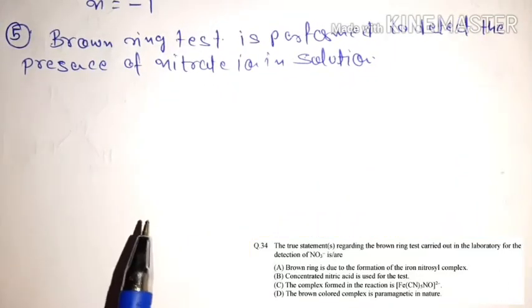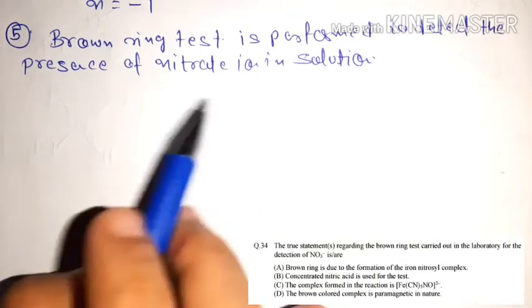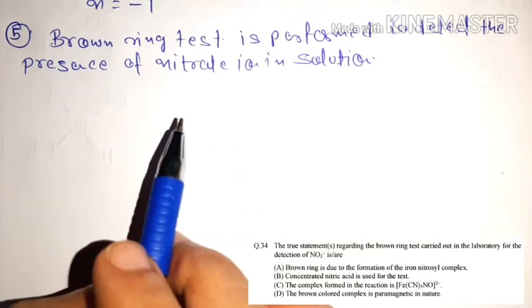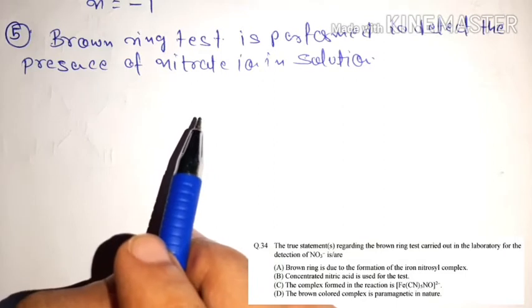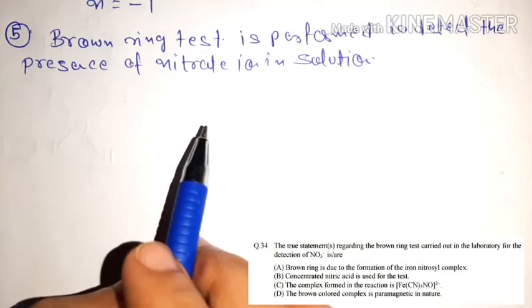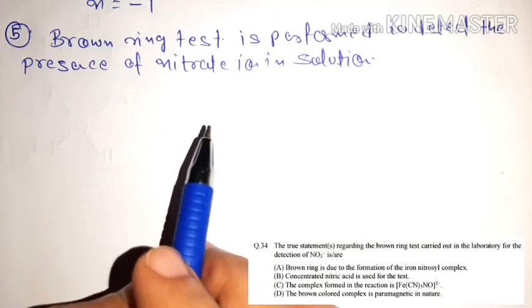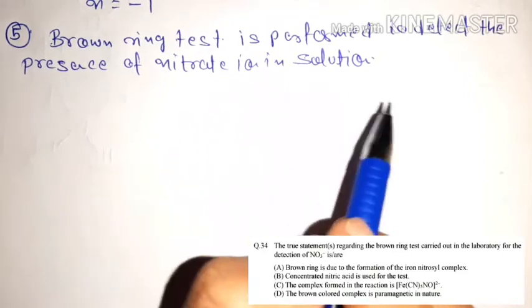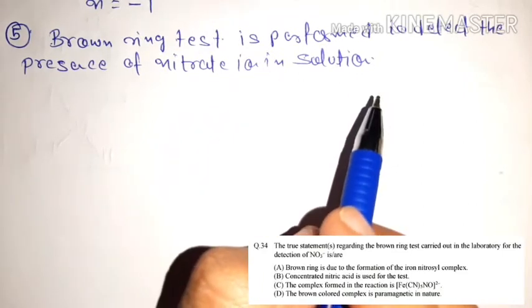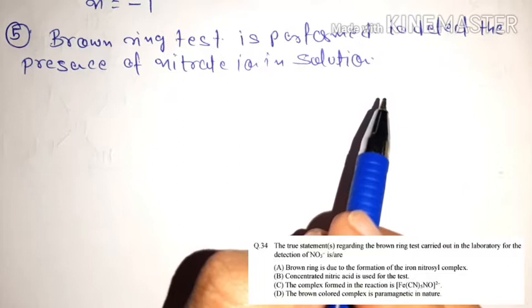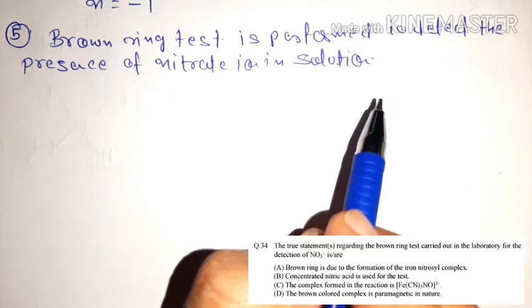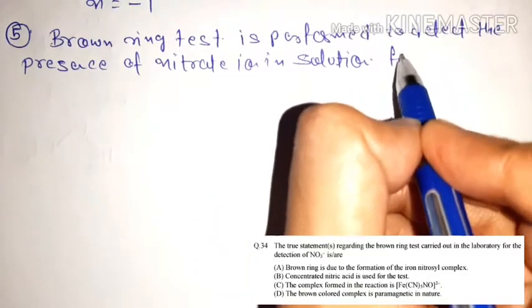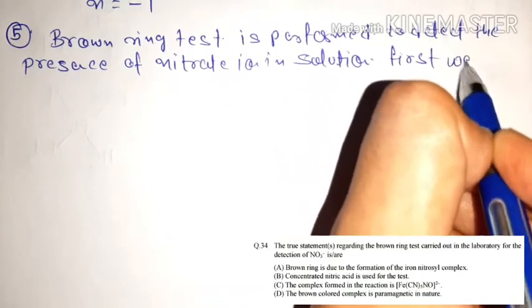Okay, now we must talk about the chemistry behind this test. What is the chemistry we use behind this test? First we add iron sulfate in +2 state in a solution containing nitrate, so we add iron sulfate in which iron is in +2 oxidation state.